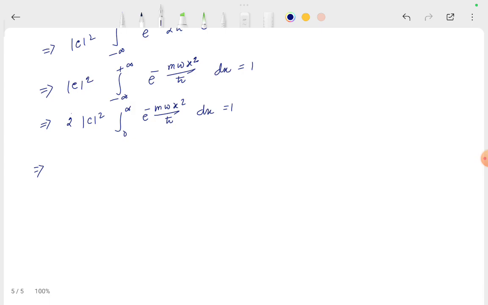I think you know the process, how to deal with gamma functions. It is a very easy trick for you.